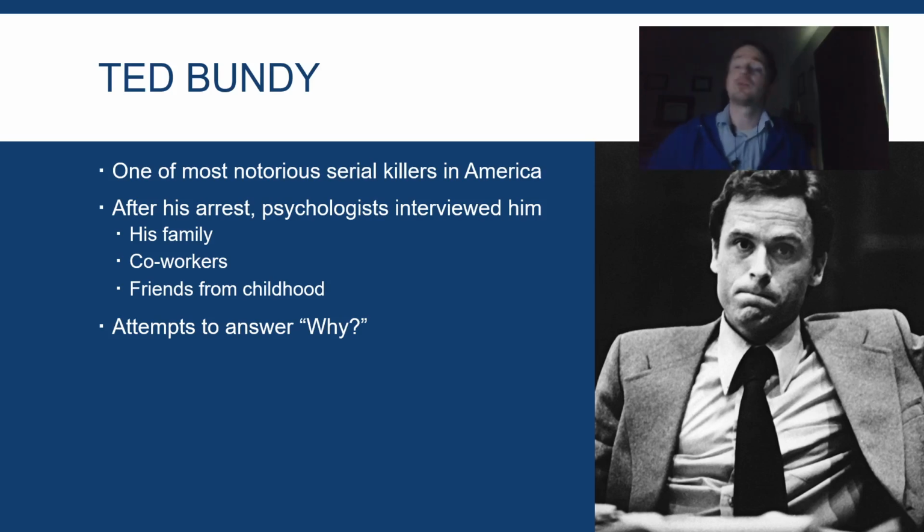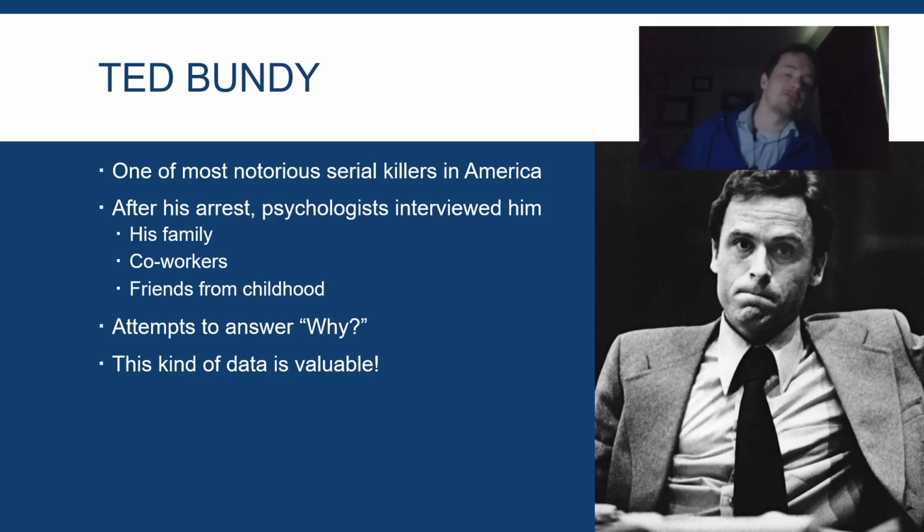The reason is that kind of information is valuable. If we can look at warning signs for this kind of predatory, despicable, murderous behavior, that could potentially save people's lives, right? If we know the warning signs to look for, we can try to find ways to prevent that kind of thing from happening.